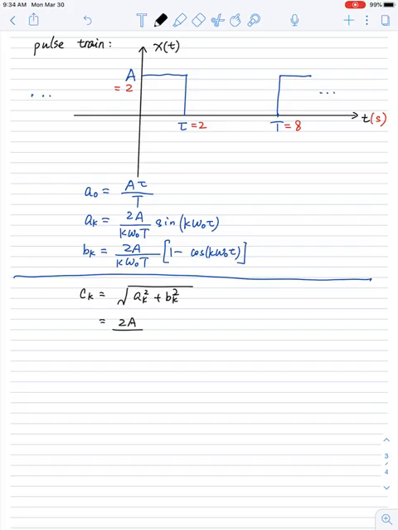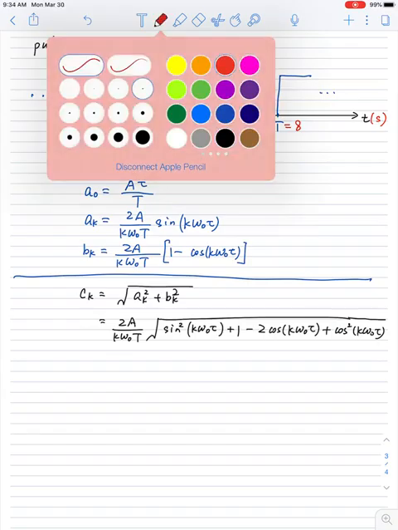So this will be equal to 2A divided by K omega 0 tau multiplied with sine square K omega 0 tau plus 1 minus 2 cosine K omega 0 tau plus cosine K omega 0 tau square, and finally take the square root.